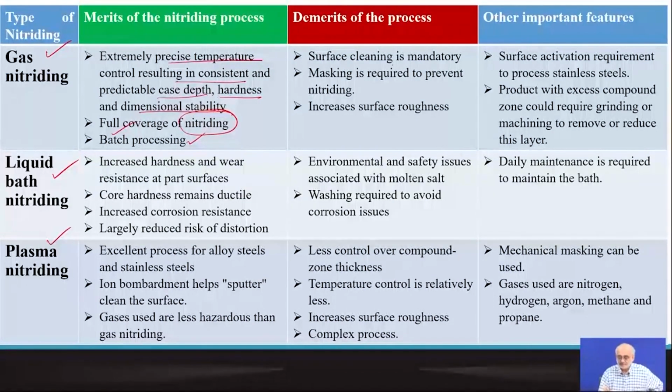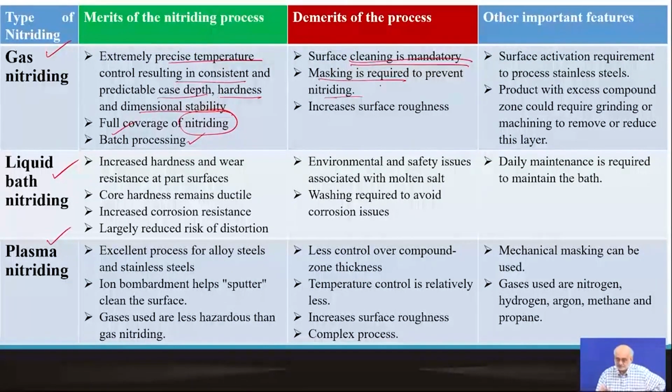But on the other hand, you require very good surface cleaning, because otherwise if you have an oxide layer, then nitrogen cannot penetrate, and hence there will be no nitride or white layer formation. You need masking if you don't want nitriding to happen, for example in certain areas which you want to leave open for some other subsequent treatment, so that nitrides don't form there.